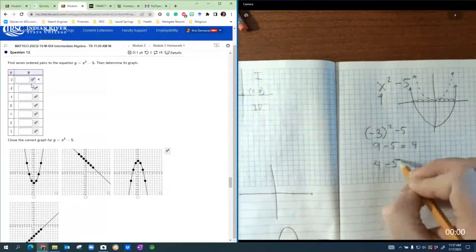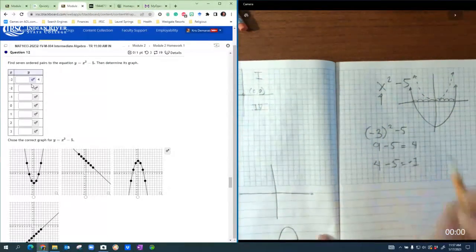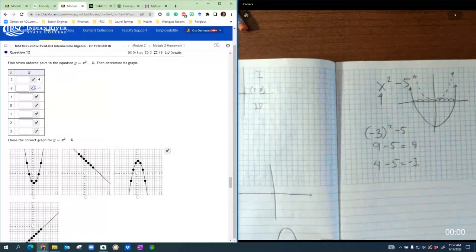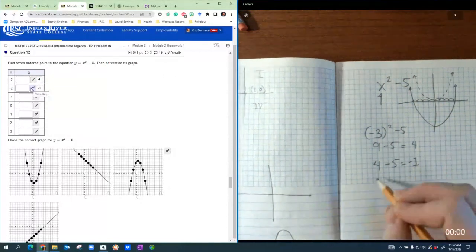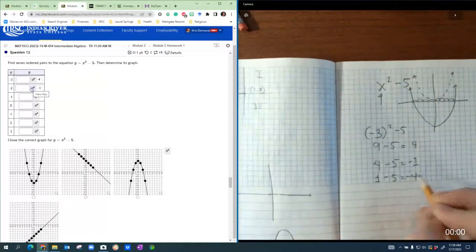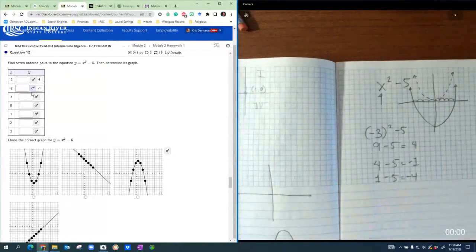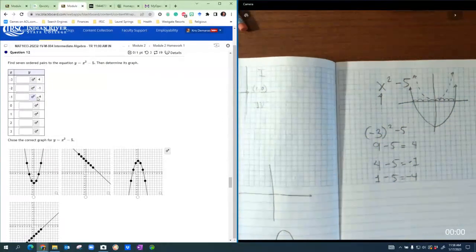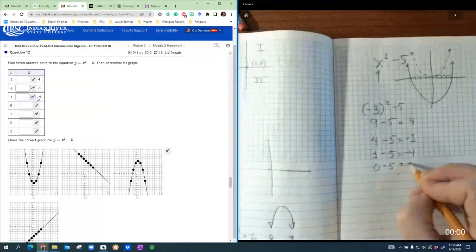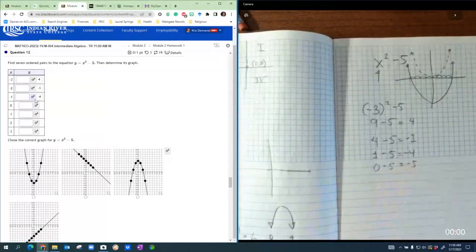And 4 minus 5 is -1. So that's my coordinate point for that. If I put in -1, -1 squared is 1. And then minus 5 is going to give us -4. So I'm looking for that as an answer there. And if I put in 0, 0 squared minus 5 is going to give us -5. And then that's the answer we look for.